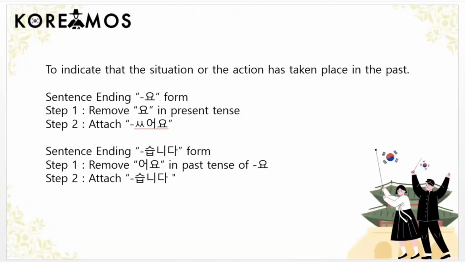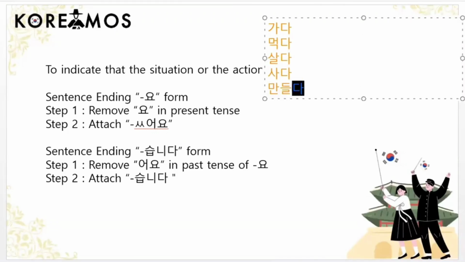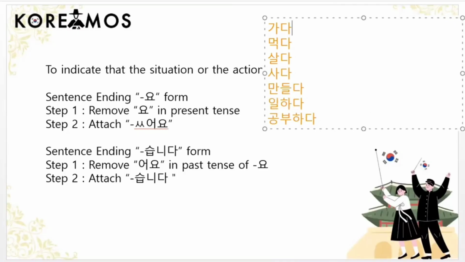For instance, let's quickly review the verb 가다, 먹다, 살다, 사다, 만들다, 일하다, 공부하다. Can you conjugate the present tense? 가다 is 가요. 먹다 is 먹어요. 살다 is 살아요, good.